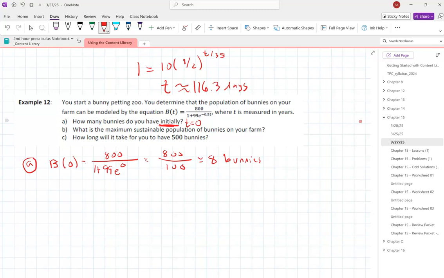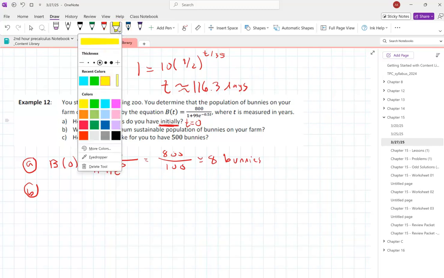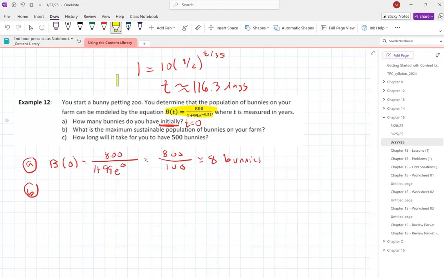What is the maximum sustainable population of bunnies on my farm? If we look at our function, you should recognize the form of this. What type of function is this? It's a logistic, right? Remember, a logistic function has 2 horizontal asymptotes.